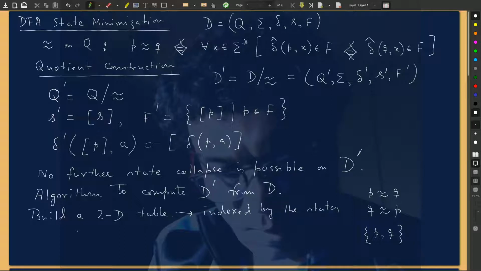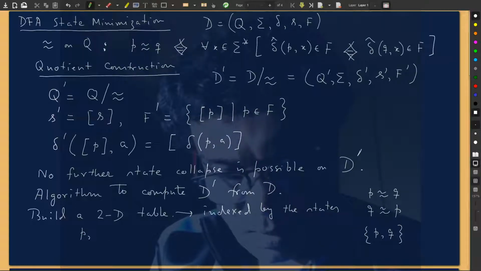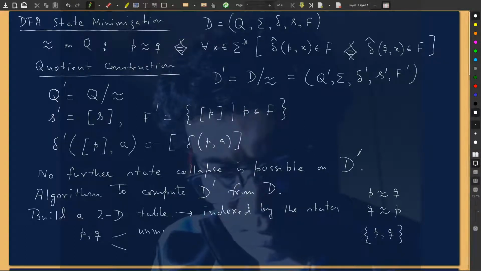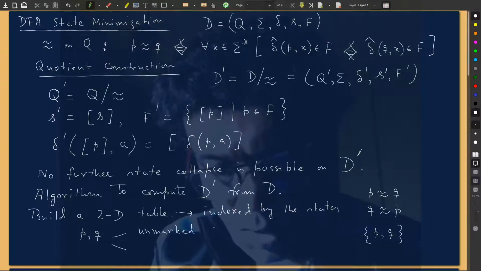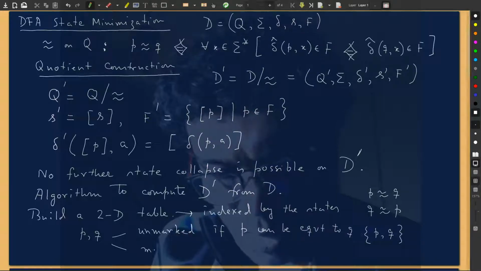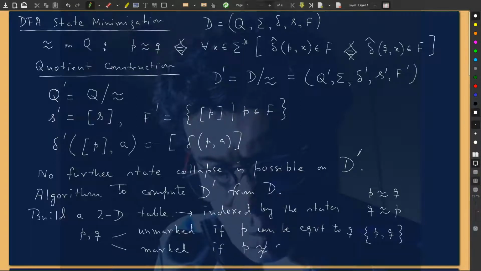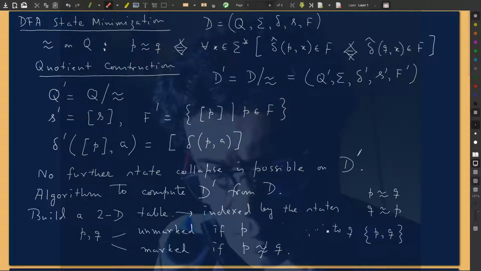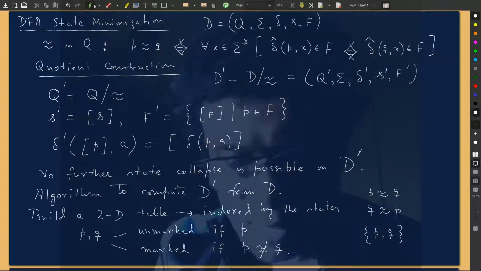So for the pqth element, this table will store some symbol called unmarked if P can be equivalent to Q, and marked if P is known to be not equivalent to Q. So eventually I will build up a table whose pqth entry is the same as the qpth entry.